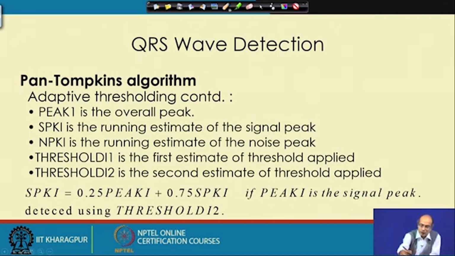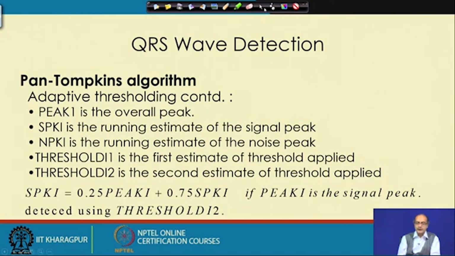That means we realize that due to some reason, maybe contact resistance or so, the signal amplitude has reduced, and because of that we could not get any peak above threshold 1.